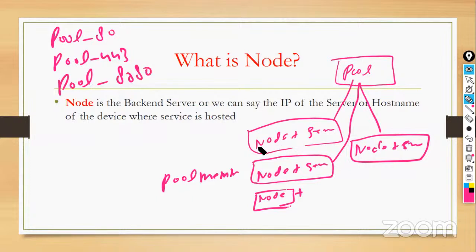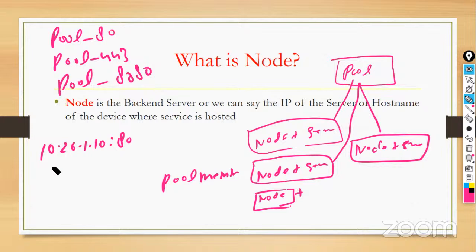But under the pool, we have the pool members. So maybe you have pool member 10.26.1.10 with port 80, right?